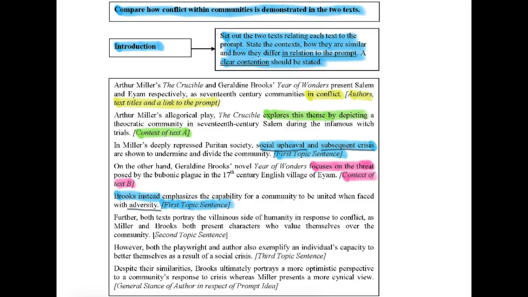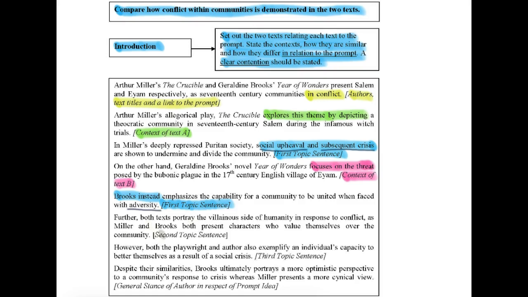So, for example, social upheaval and subsequent crisis is a synonym for the conflict. Adversity is a synonym for conflict. So we're already starting to use some of the synonyms that we derived. Okay, if we move on, we then start to look at the second and third topic sentences.